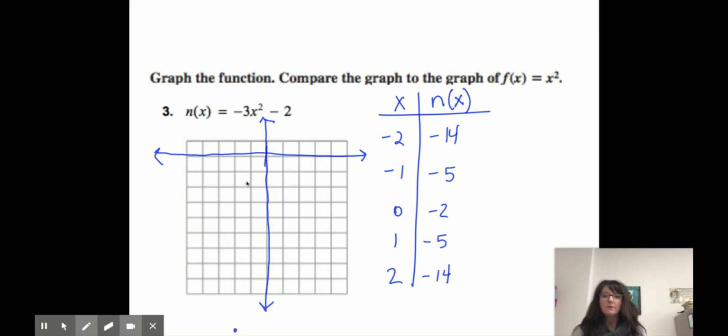Okay, woo, off the grid. Negative 1 and 1, 2, 3, 4, 5. 1 and negative 5. I didn't do 0, negative 2. Got to do 0, negative 2. All right. Oops. 1, negative 5. And 2, negative 14.